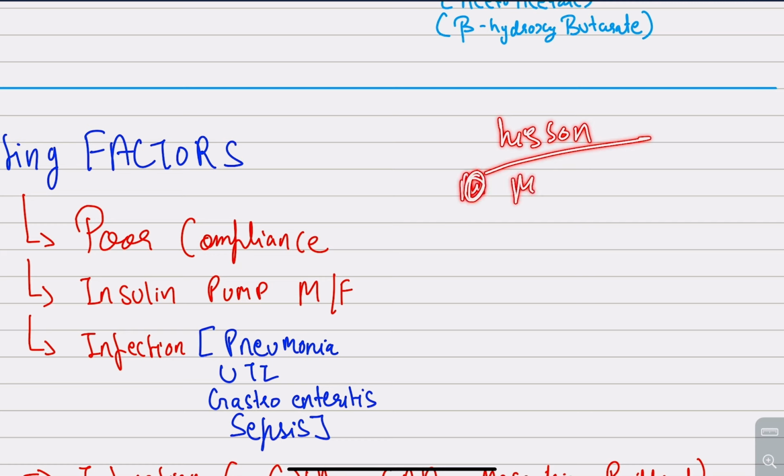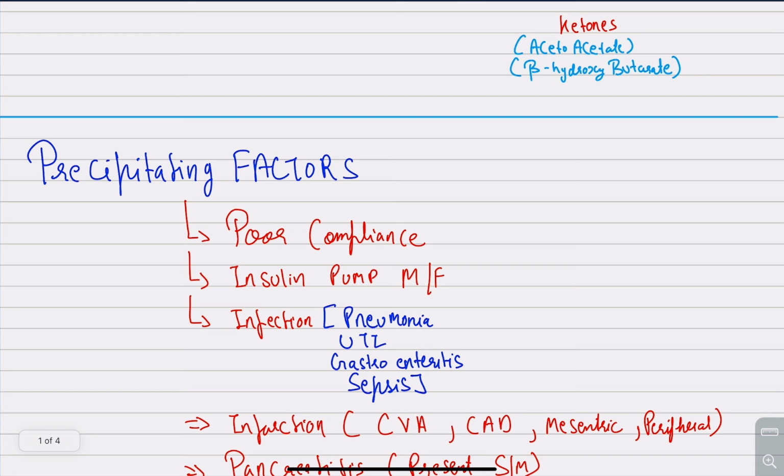There is a marriage in the house. The mother is busy cooking and handling relatives and is not giving insulin to her son. The son is a poorly compliant patient. So a missed insulin dose can trigger DKA.